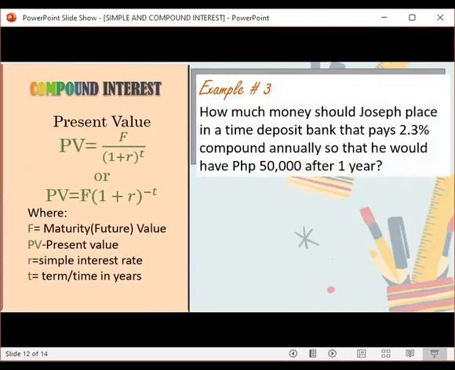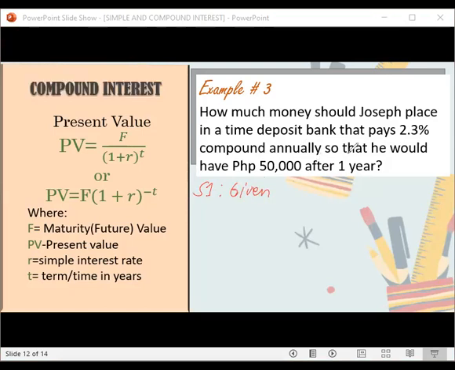Okay, for example number 3. How much money should Joseph place in a time deposit bank that pays 2.3% compounded annually so that he would have 50,000 pesos after 1 year? So step 1 is given.